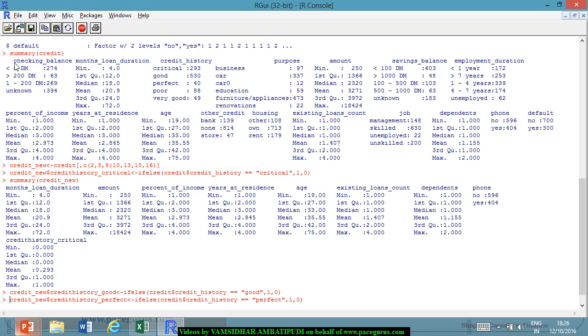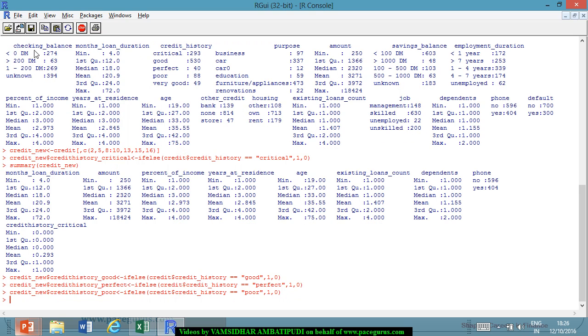Let me do the checking balance part, because there are 4 categories. I need to create 3 dummy variables. So I'll say checking_balance_LT_0_DM, less than 0 DM.